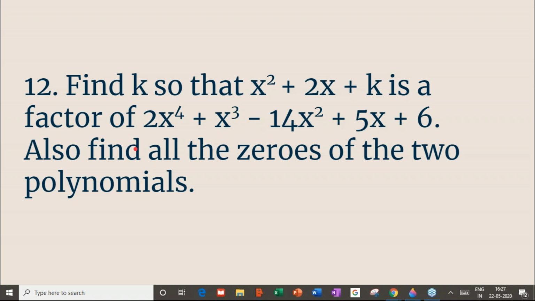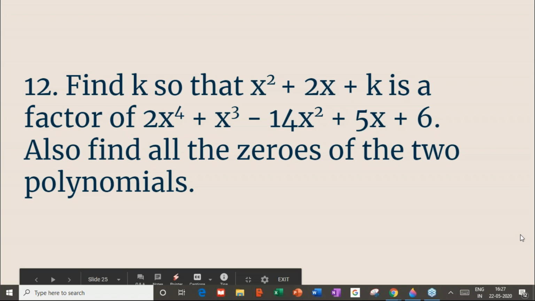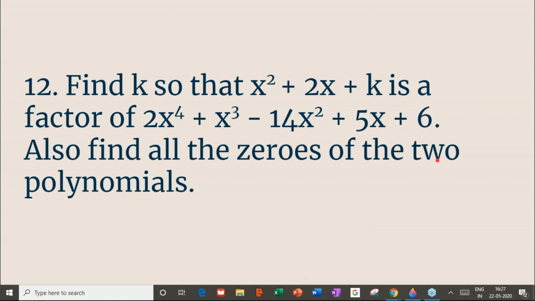Okay, first step, what do you do? You divide. This is p of x and this is g of x. So as it is, you can divide it. You will get a quotient and a remainder. It says it's a factor, so the remainder should be 0. First step, divide p of x by g of x.